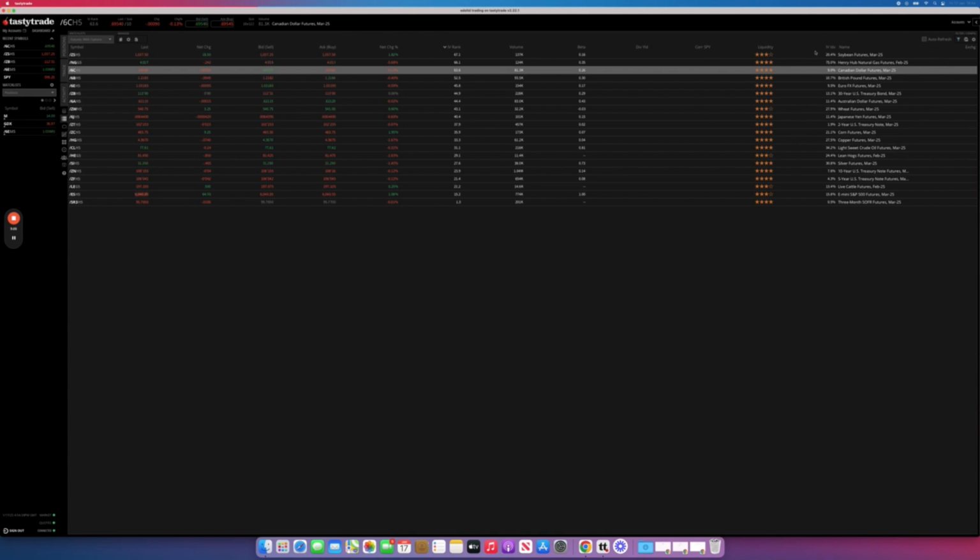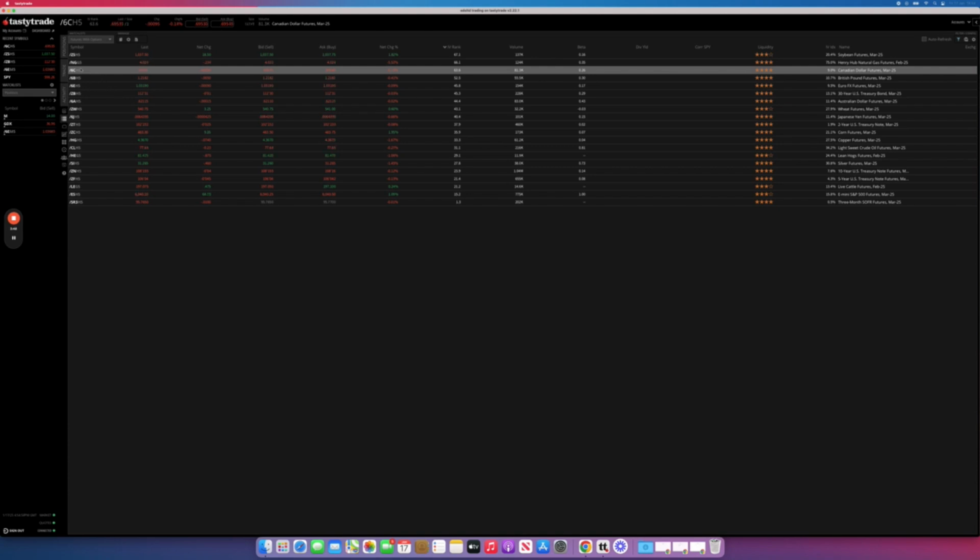Now SPAN margin takes into account the IV. Because currencies don't really move that much, relatively speaking, your buying power requirement is significantly less than with something like natural gas, for example. So that's why we like currencies, especially for small accounts. However, even for larger accounts, currencies are great.